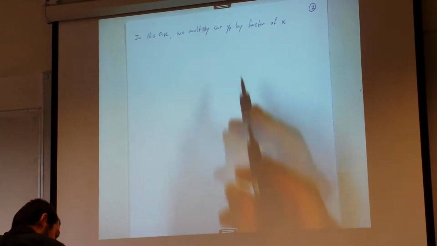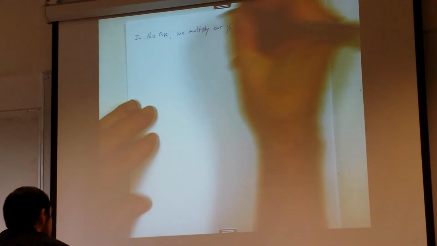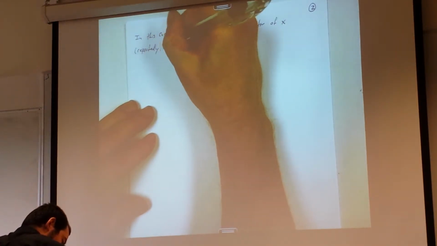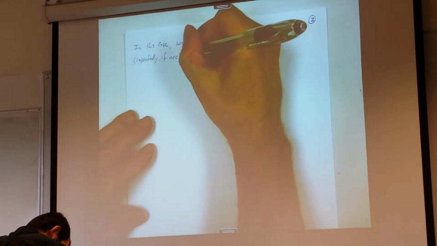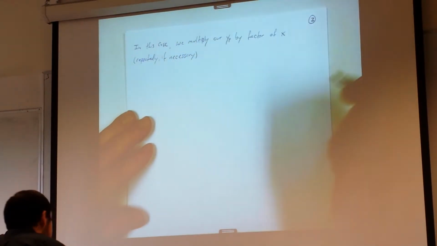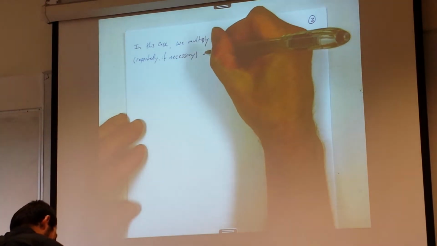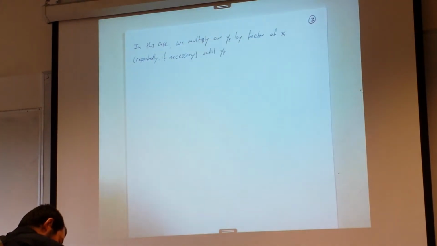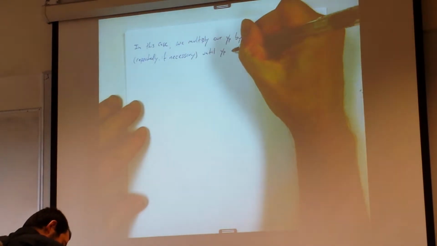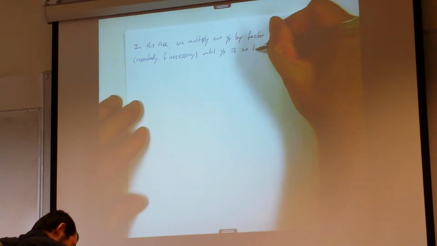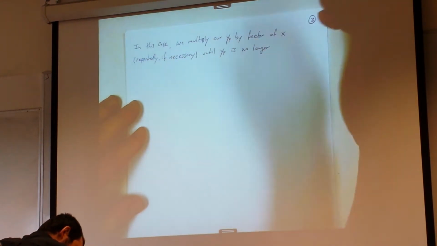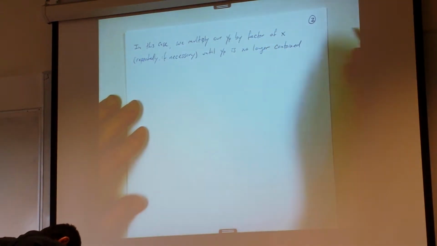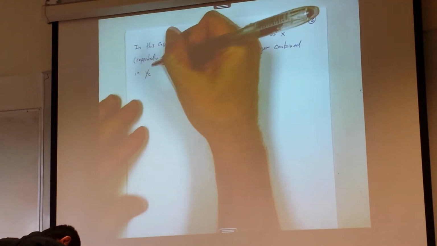So we tack on a factor of x repeatedly if necessary, until our y sub p is no longer contained as a linear combination of y sub c, the complementary function.